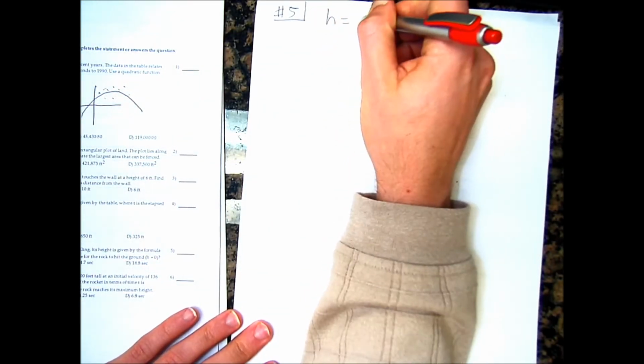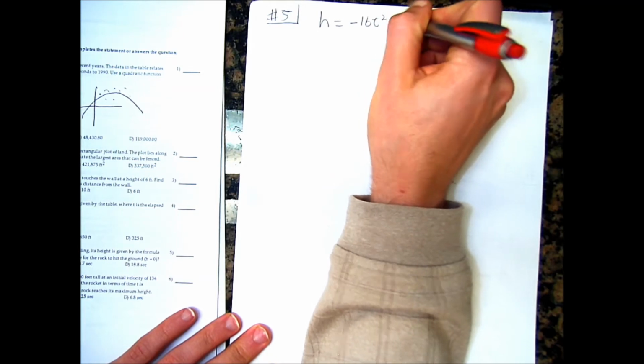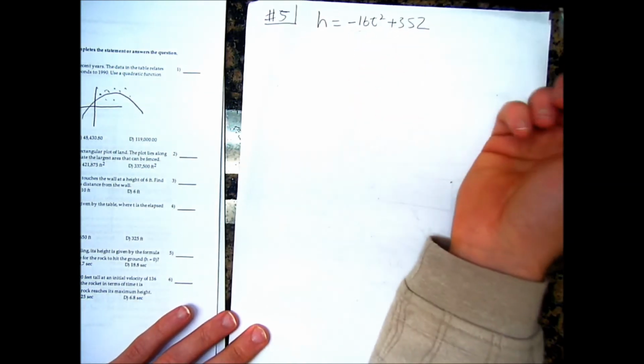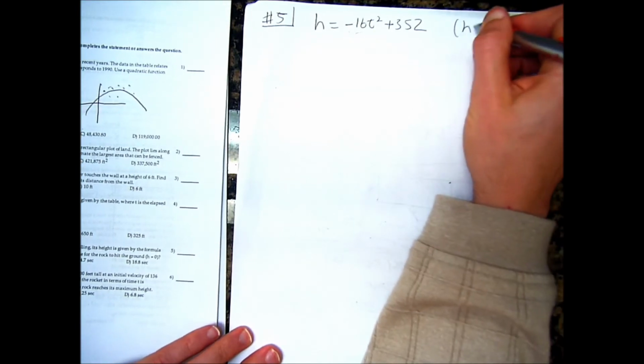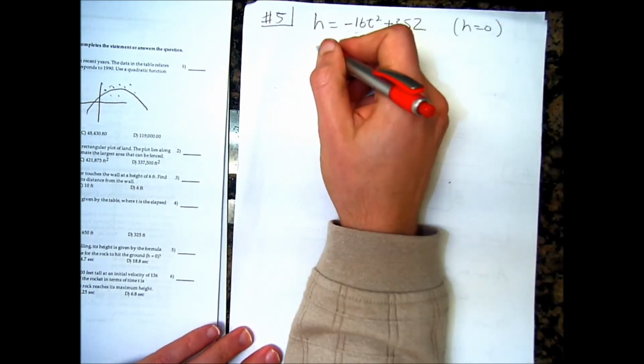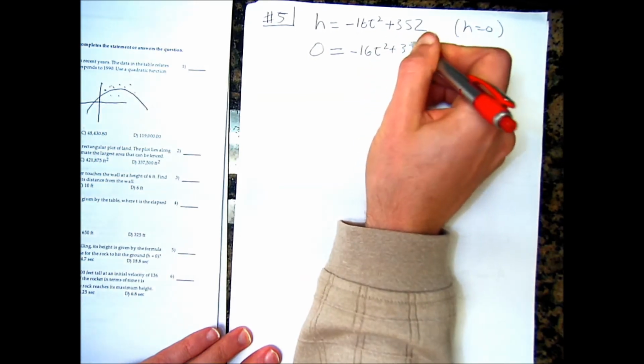As it's falling, we're given the formula h is equal to negative 16t squared plus 352. I wrote it backwards because I like to have my t's in front. How many seconds will it take for the rock to hit the ground? And they even say h equals 0. Well, if h is equal to 0, then I just write 0 here, negative 16t squared plus 352.